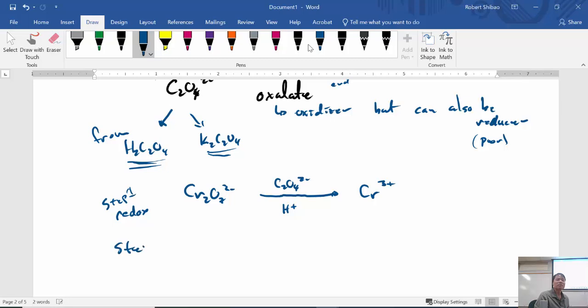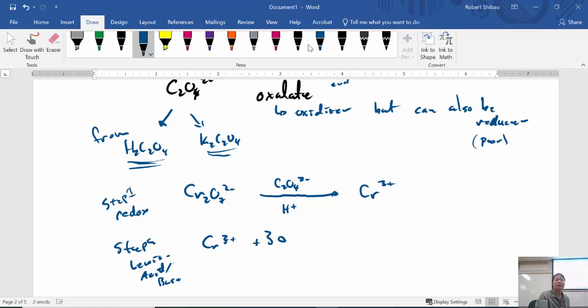And then in step 2, what we're going to do is our Lewis acid base reaction. Our Lewis acid base reaction is just chromium 3 plus our ligands. How many ligands do we need?